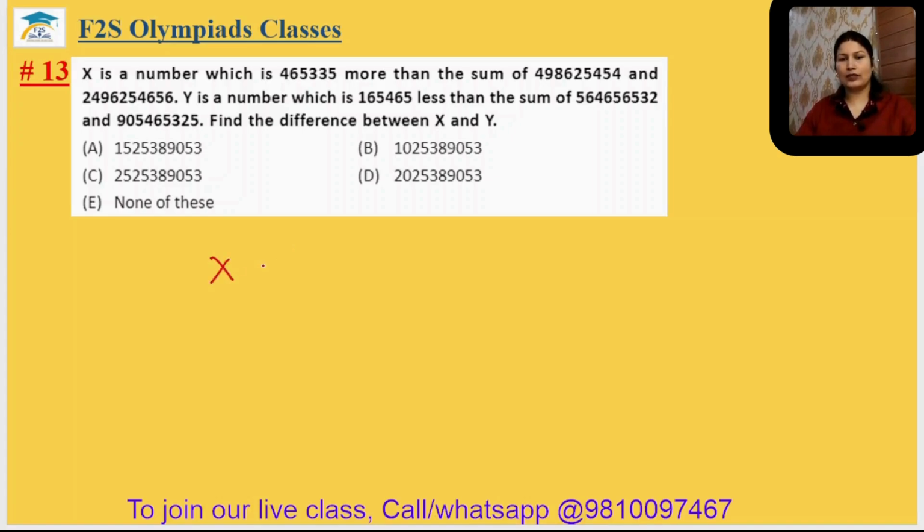What will X be? X is equal to the sum of this and this, and since it is more than this, it means the sum of all three numbers. So I'm just writing here: 2496254656. The next number is 454, I'm sorry, 454 it is.